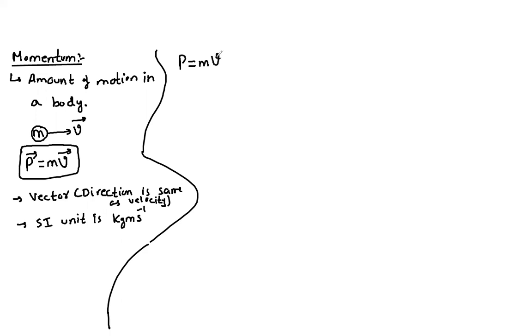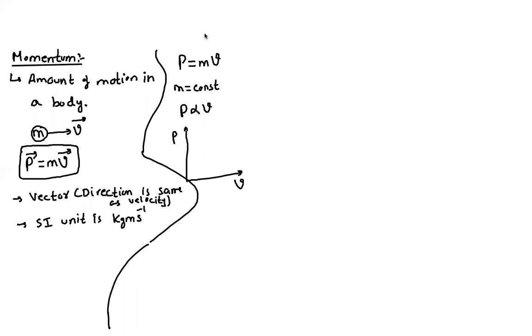Now, there are a few conceptual questions based on graphs using the concept of momentum. If I take m equal to constant, then momentum is directly proportional to velocity. Can you guess the nature of the graph now? Straight line.